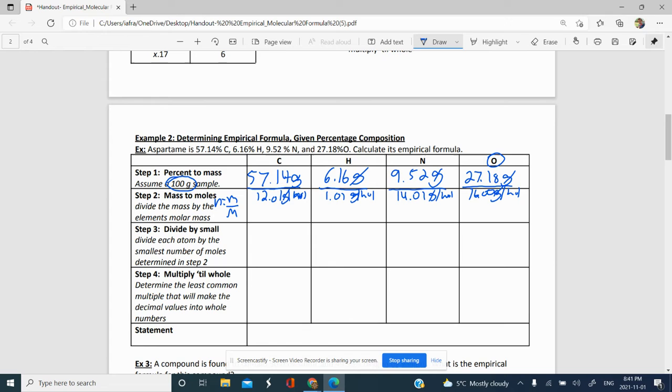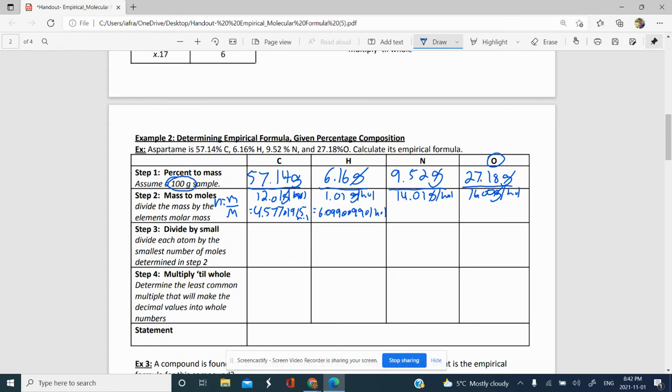So let's go ahead and figure out what those are in our calculators. 57.14 divided by 12.01 gives us 4.577 01915 moles. The 6.16 divided by 1.01 gives us 6.099009901 moles.